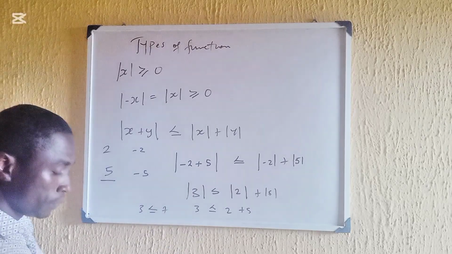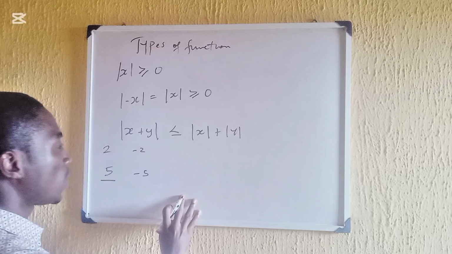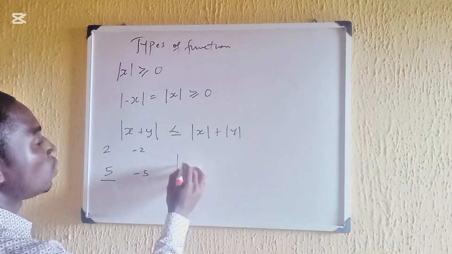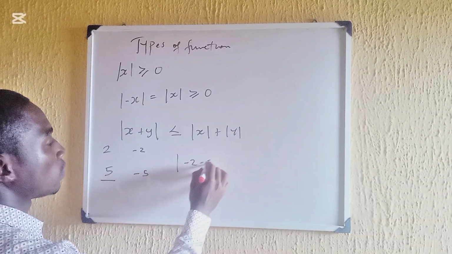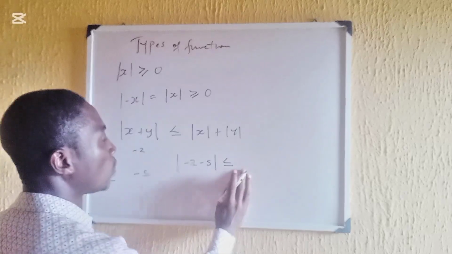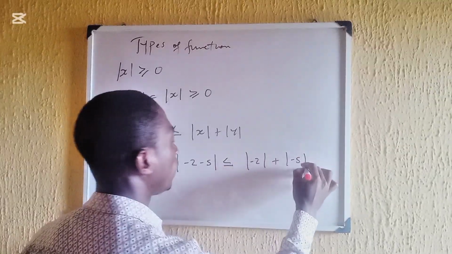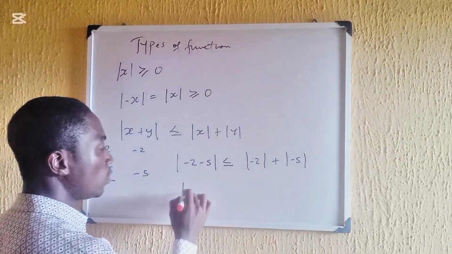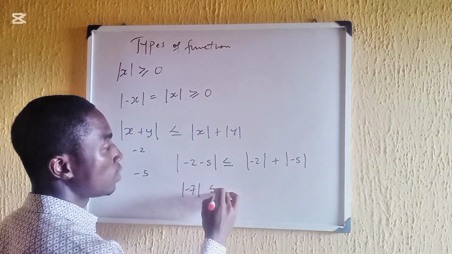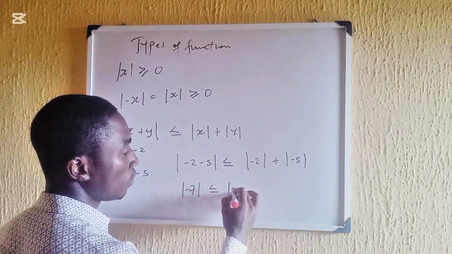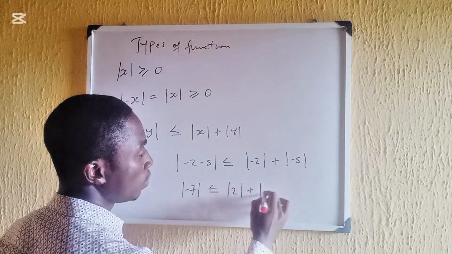Instead, it's less than. Let us assume that y is minus 5. We have a modulus of minus 2 minus 5 less than or equal to modulus of minus 2 plus modulus of minus 5. This gives us modulus of minus 7 less than or equal to modulus of 2 plus modulus of 5.